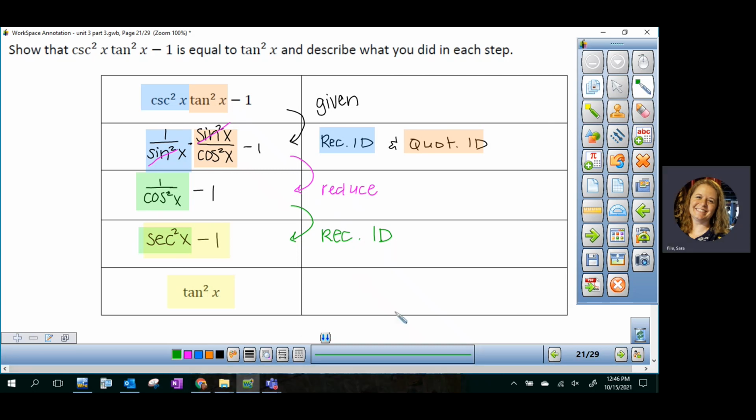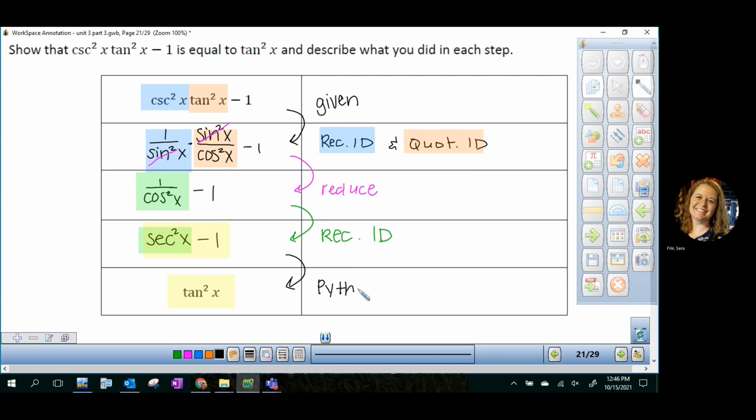Oh, I don't have them open here. I was going to pull it back up. But it's at the very end of the part 1 notes where we wrote out in that table all the different ways the Pythagorean identities could be written. So we did a Pythagorean identity to rewrite that as tangent squared of x. Everybody still okay?